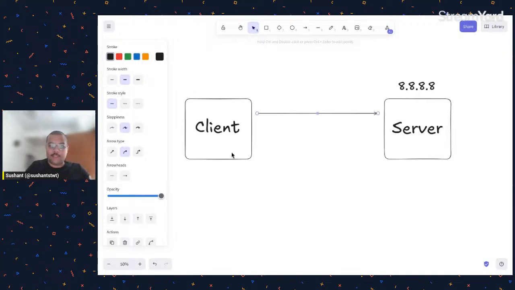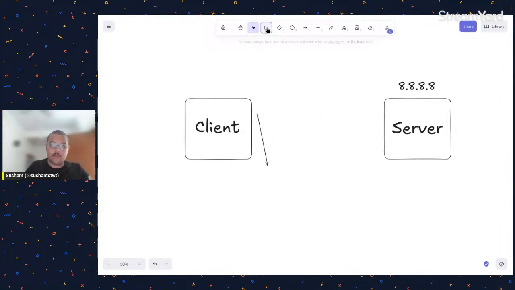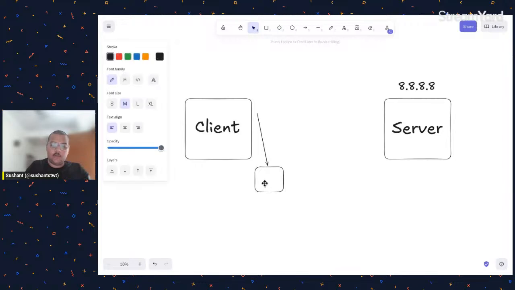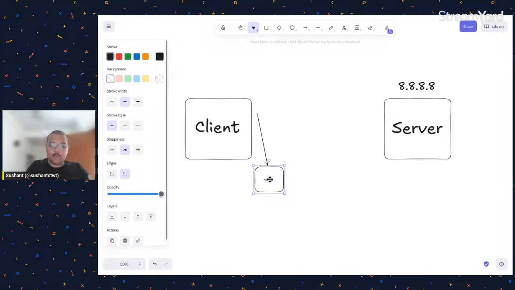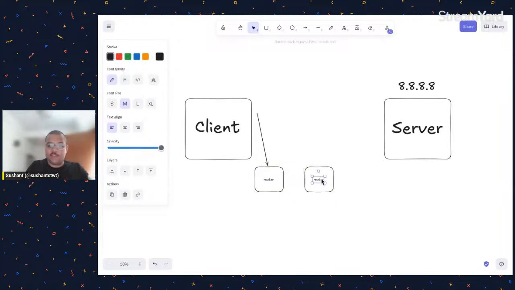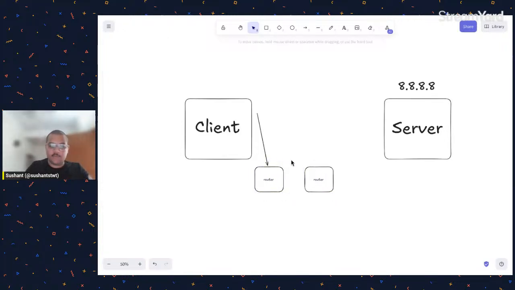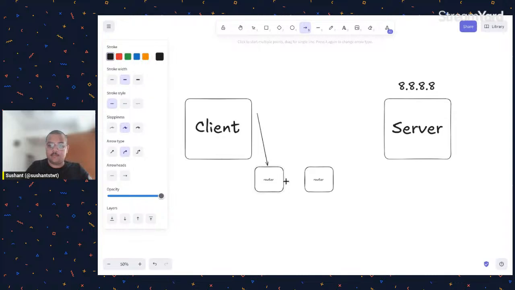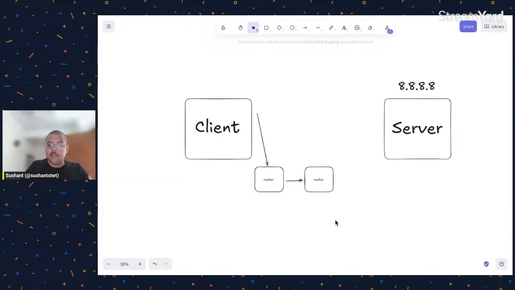What is actually happening is not like you take your packet and just throw it to the server. That will never work. Most of the time, you have a router here. This router is sending it to some other router, and then it goes to a lot of routers after this.